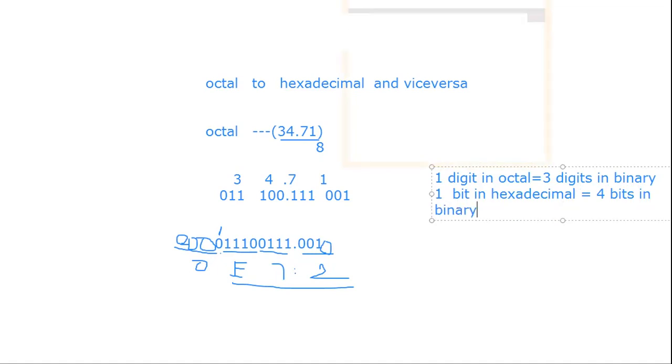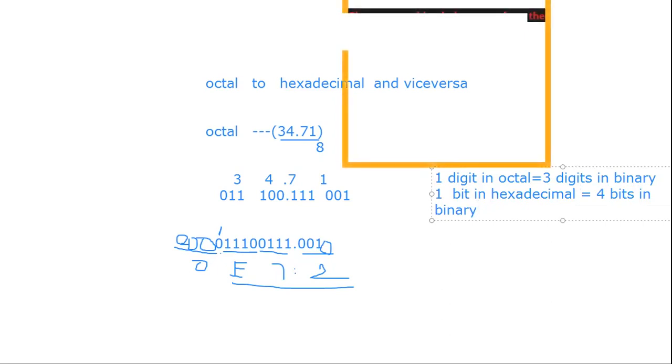If you remember how to make the groups, then you will easily convert from octal to hexadecimal and hexadecimal to octal. So up to here, the conversions from one number system to another are completed. Okay, ma? So all of you practice this, then only you will remember these conversions. Okay ma, thank you.